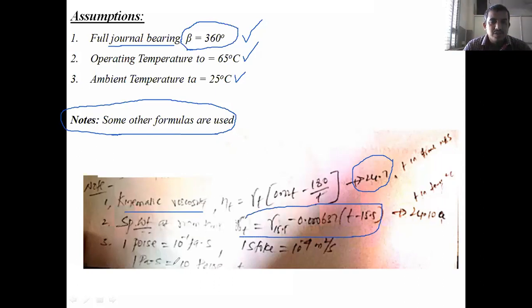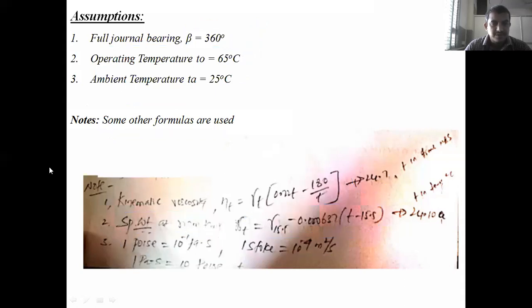And as usual, you know the unit conversion: 1 poise is equal to 10 to the power of -1 Pascal second, or Newton second per meter square. One stokes is nothing but 10 to the power of -4 meter square per second. Clear? So remember the unit conversions and other formulas.